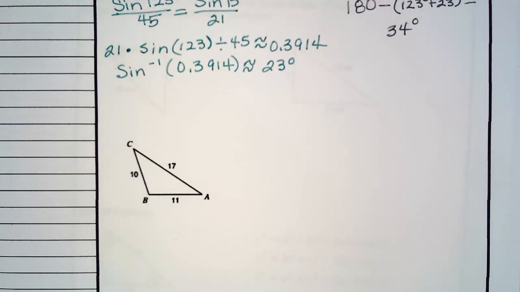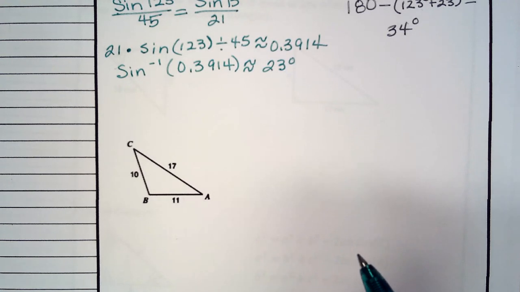Okay, for the next one, if you notice, there are no angle measures. When you have to find that first angle, it is quite involved with the math. So, here we go. Which angle do you want to find? It doesn't matter.